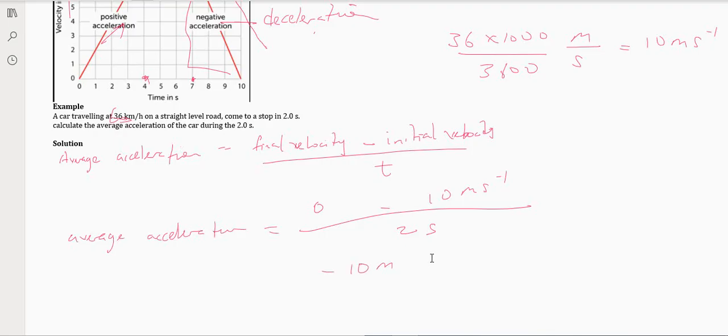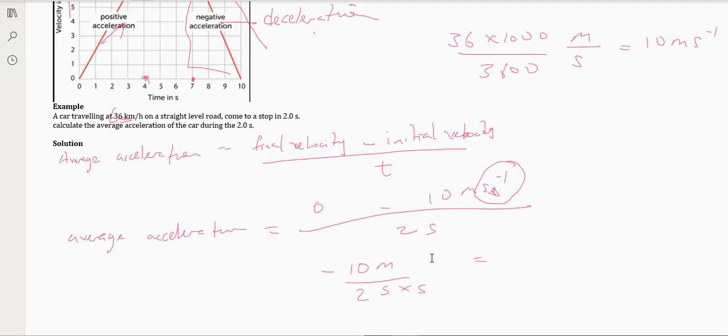I'm going to do something here. Whenever we have seconds to the minus 1, it can be rewritten as such. You can take this and bring it down in the denominator so that you can understand how we get the unit for acceleration. So by putting that down into the denominator, I'm left with 2 seconds times another second, right?